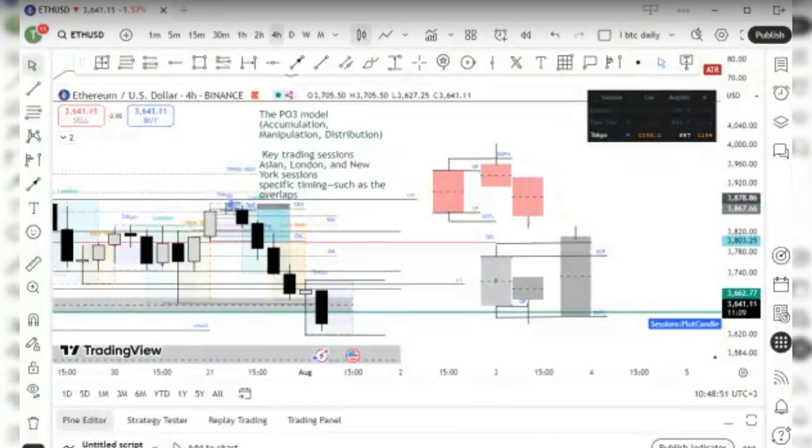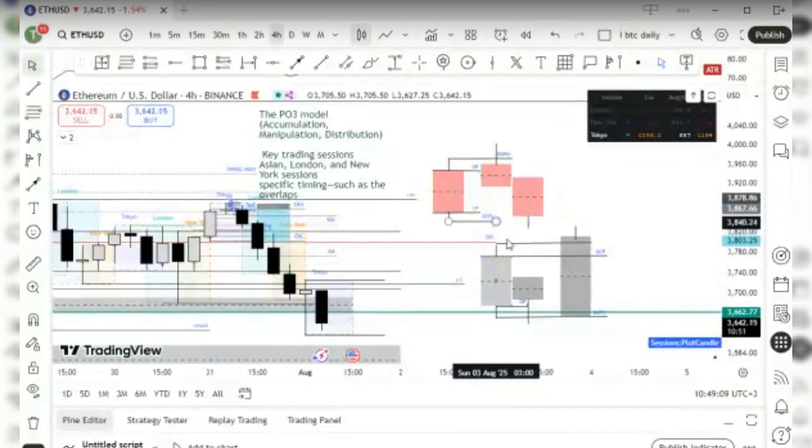So identifying the support on higher time frame. At a key support level, the higher time frame can form with a well-defined high and low. The range of this candle becomes the benchmark for the day. So this is our support level, and this is our resistance level.